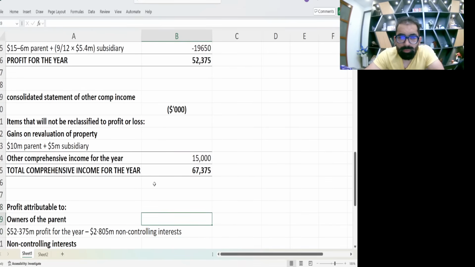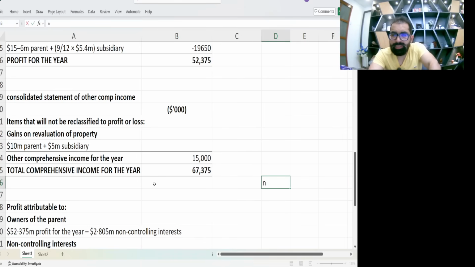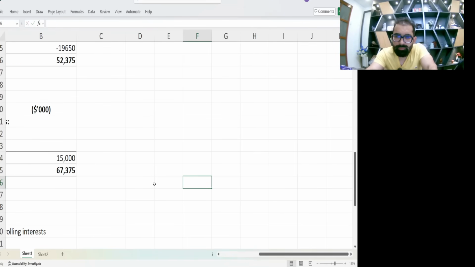Now I'm doing some separate working here. I'm calculating NCI for profit. How to do it? Very simple. S company's profit for 9 months.